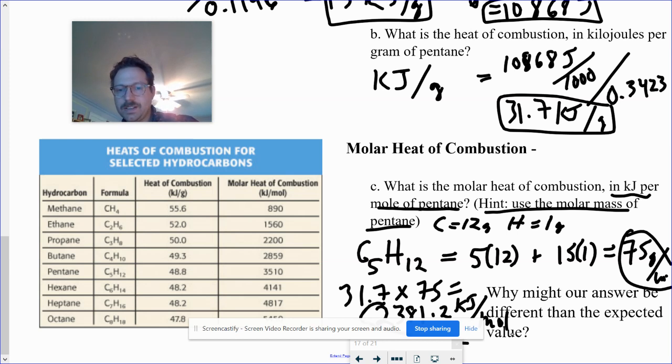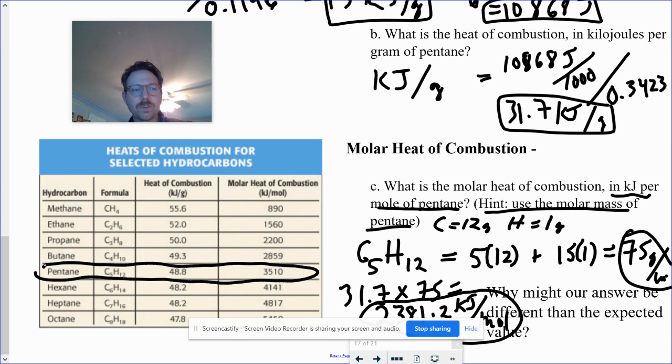Now this is a really good answer here, right? It's not an easy question to go to the molar heat of combustion. Now, when I look at pentane right here, I notice that my number of molar heat of combustion is much different than the measured molar heat of combustion.